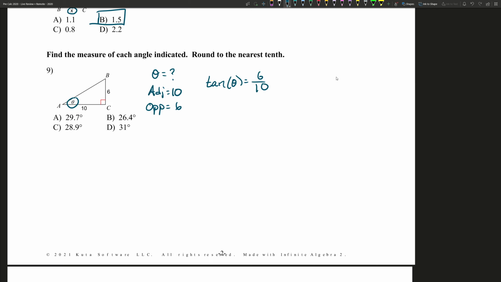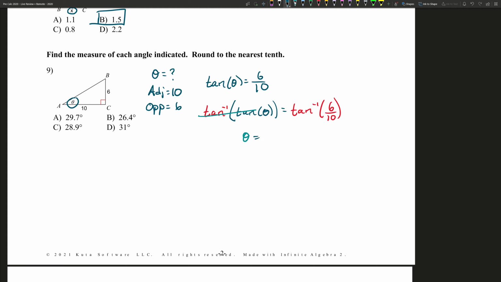You don't have to show this part, but in order to undo the tangent, we would take the inverse tangent of both sides. What that does is it cancels out the tangents on the left, so we're just left with theta.